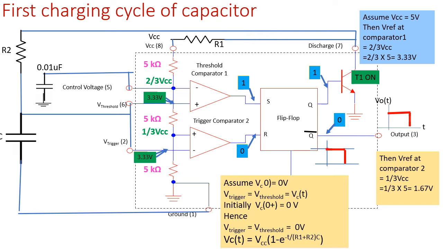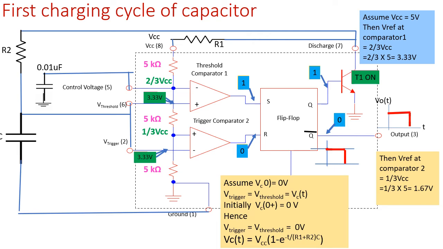As a result, comparator 2 will compare the 0 volt with 1/3 VCC or 1.67, and the threshold comparator will compare 0 volt with 3.33 volt. As a result, comparator 1 will give logic 0, and comparator 2 will give logic 1. This 0 and 1, the outputs of the comparators, will go to the flip-flop.